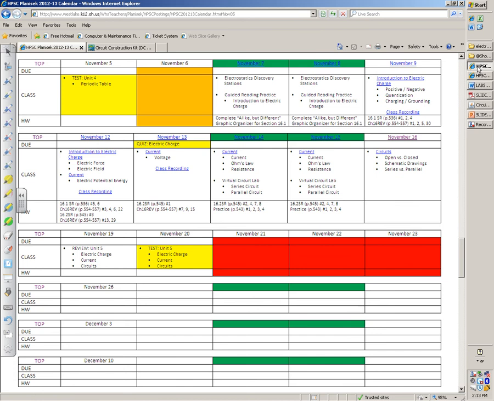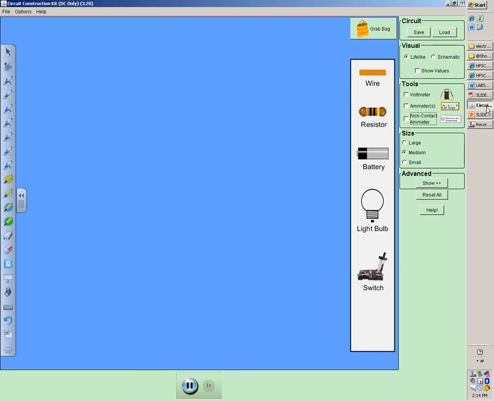Yesterday, we started building circuits in the virtual circuit constructor. Circuit construction lab, DC only. Based on the information that we talked about before, something we talked about yesterday was current. What is our definition of current? Explain current to me.